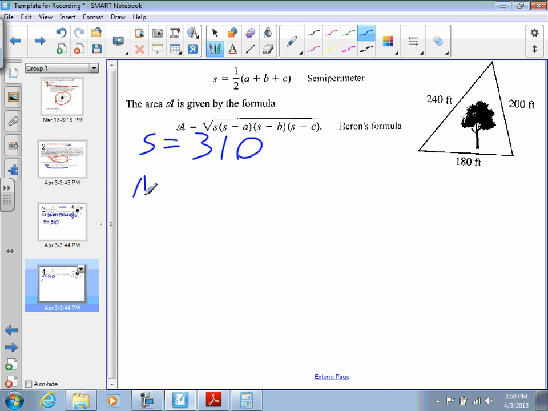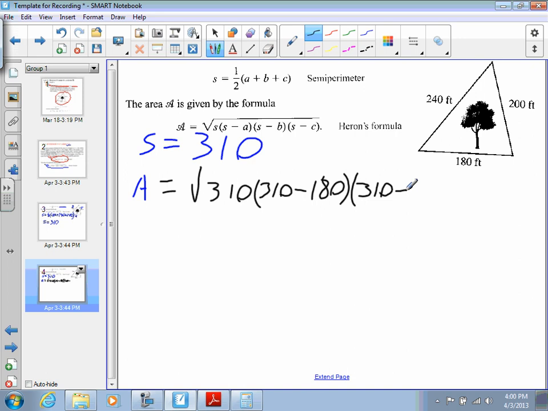So now I have my area, and let's change colors here, equals square root of 310 times 310 minus 180 times 310 minus 240 times 310 minus 200.